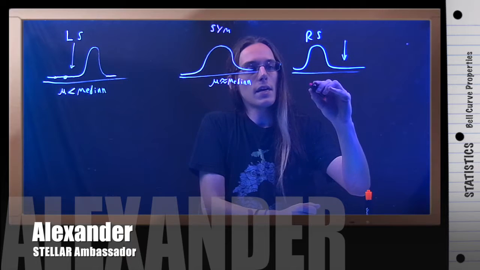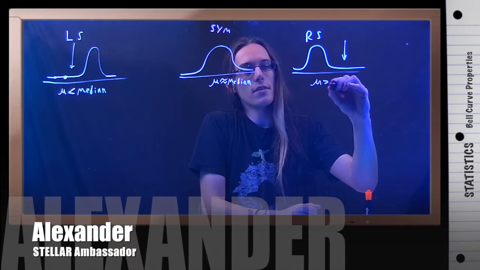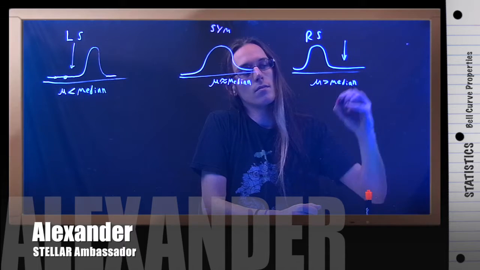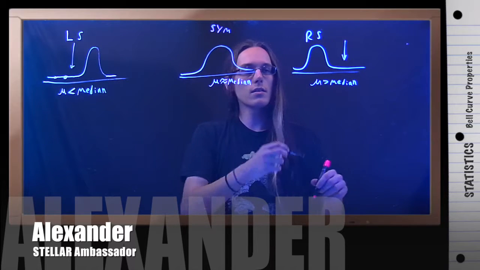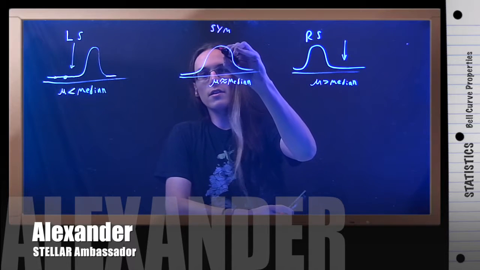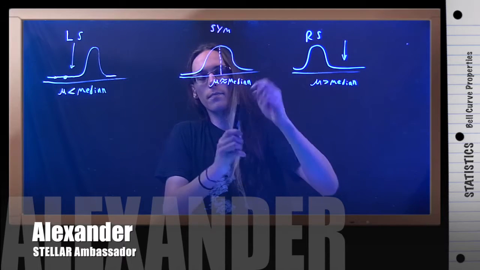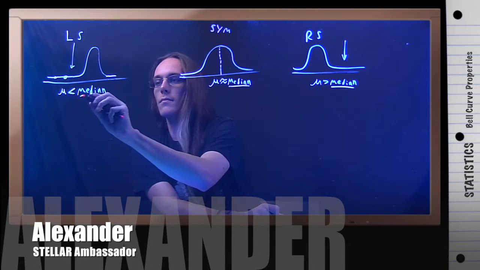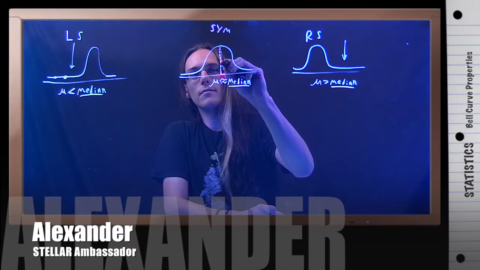So this would be where the mean would be greater than the median. Let me actually mark some of these. Let's say the mean is pink, just like everybody else. So for this, the mean would be like right here. And let's say the orange is median. And the median would be like right here.